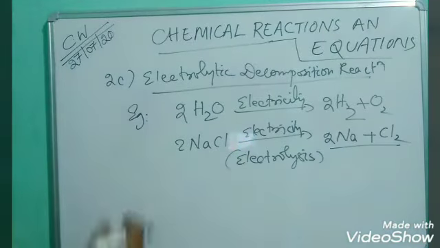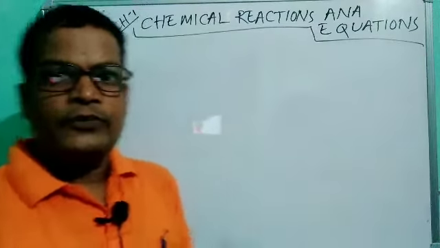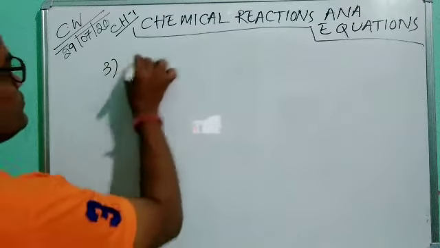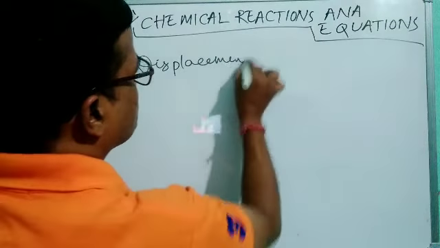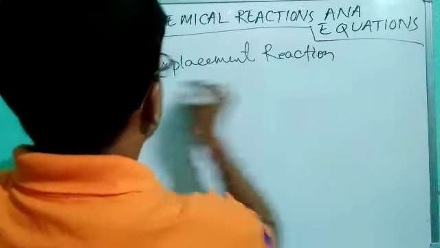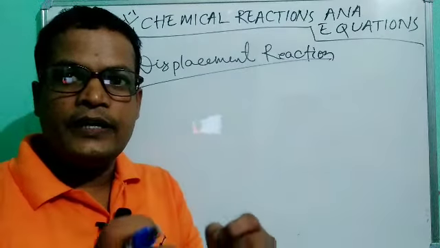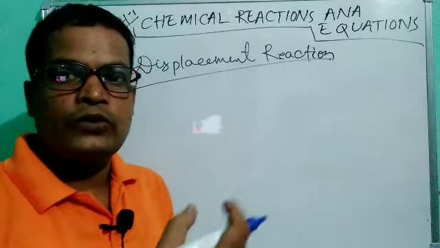Okay friends, next we come to displacement reactions. Now let us discuss displacement reaction. A displacement reaction is a reaction in which a more reactive element displaces a less reactive element from a compound, forming its own compound.